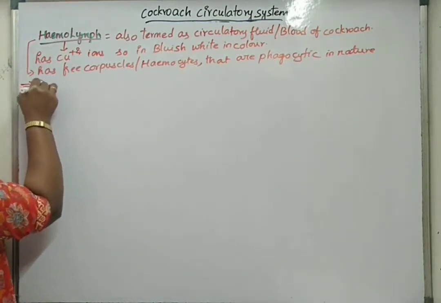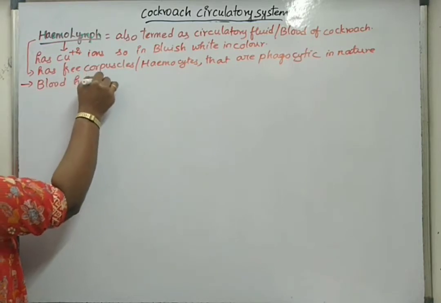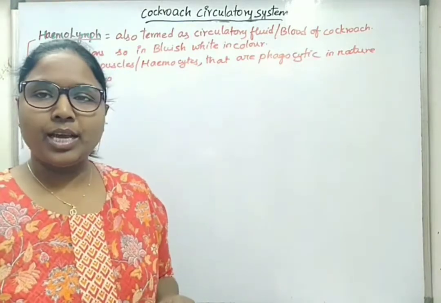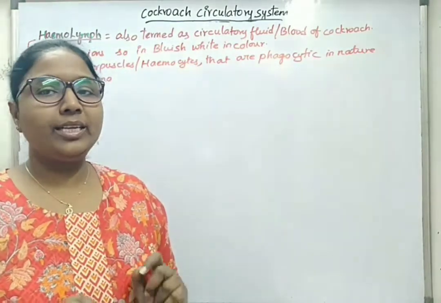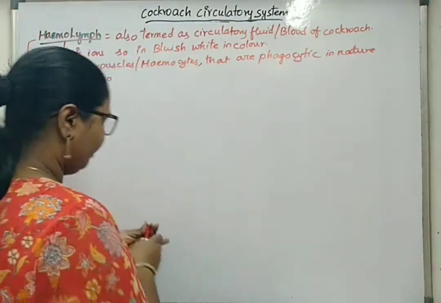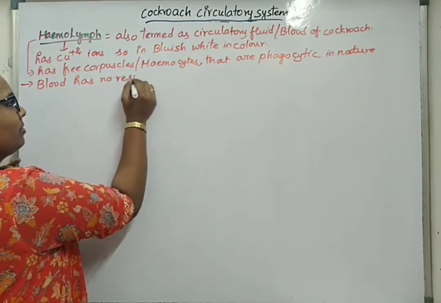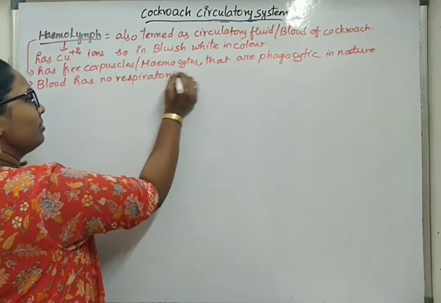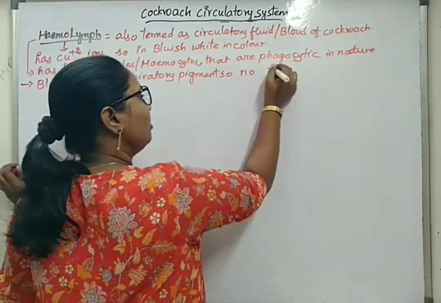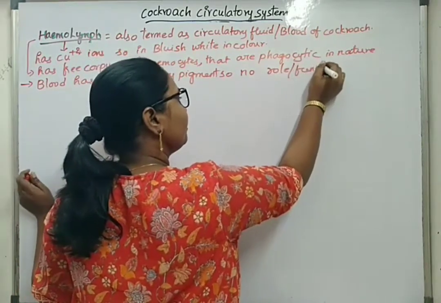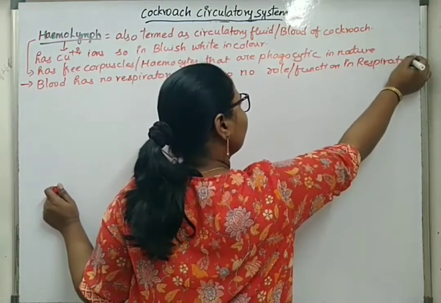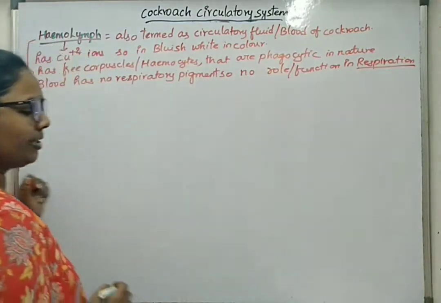Hemolymph or blood has no respiratory pigment. So, the blood or hemolymph of cockroach does not have any major role in respiration. There is no role or function in respiration, or no involvement in respiration.